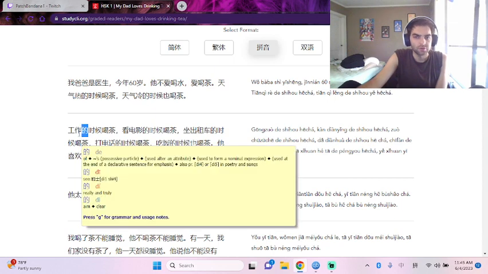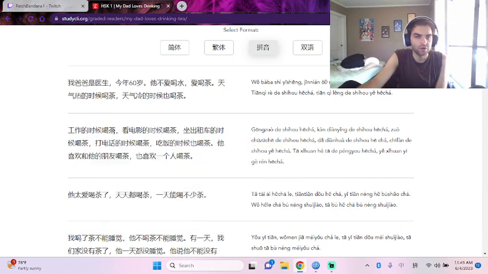工作的时候喝茶. 看电影的时候喝茶. So 打出租车的时候喝茶. 打电话的时候喝茶. 吃饭的时候也喝茶. 他喜欢和他的朋友喝茶, 也喜欢一个人喝茶.